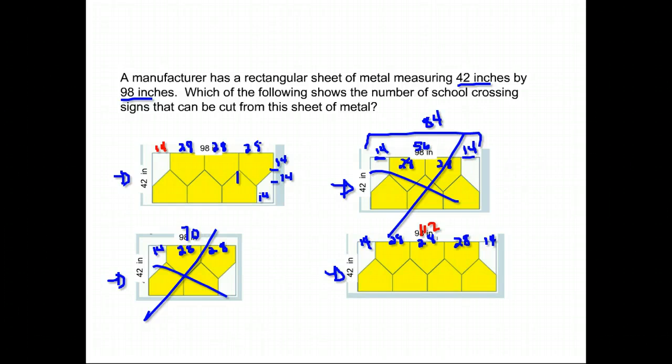So over here is our last option. It has 3 28s and 1 14, which does add up to 98. So this is an accurate drawing of what it would look like when they're cutting these out of a 98 by 42.